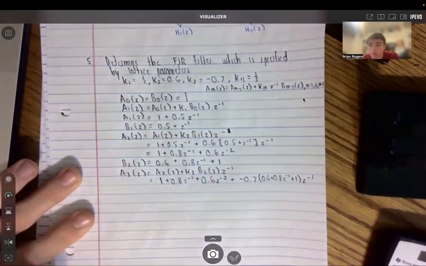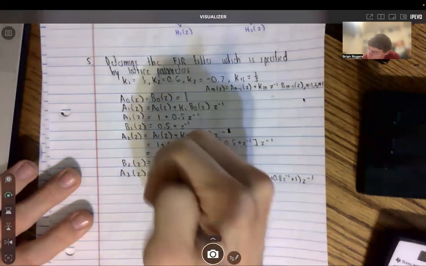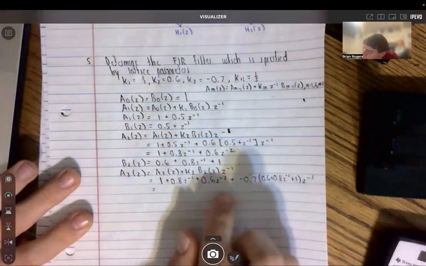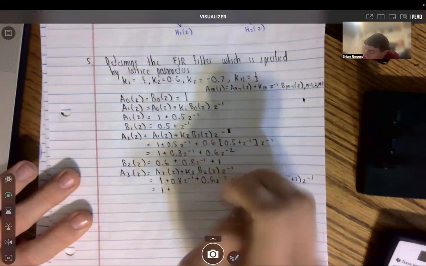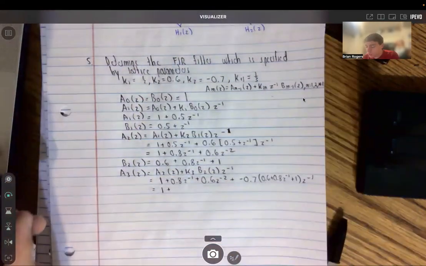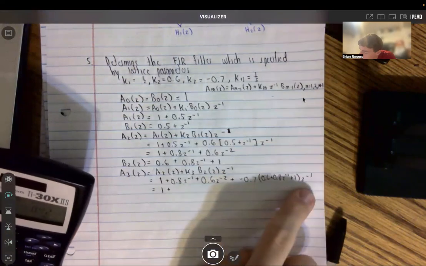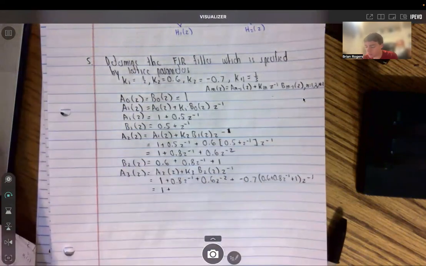Okay. Now, in order to determine this one, when you do the math, you're going to see that this would just be 1 plus, and then 0.8 z negative 1. If we have negative 0.7 times 0.6, that's going to be negative 0.42 z to negative 1 plus 0.8.